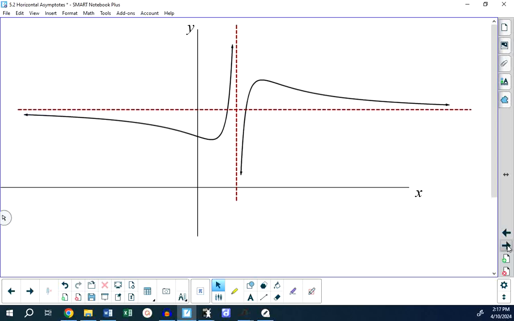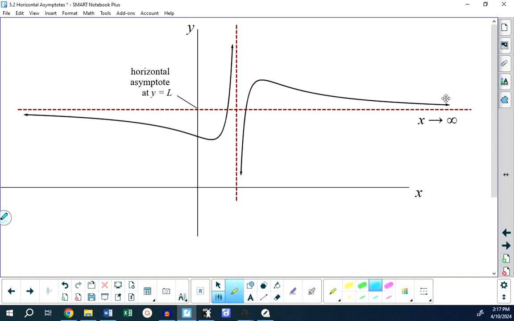And it's asymptotic in this region because as x is getting bigger, y is getting closer to that value of L. It's asymptotic over here as well for the same reason. So there is a horizontal asymptote at y equals L, whatever that y coordinate is.